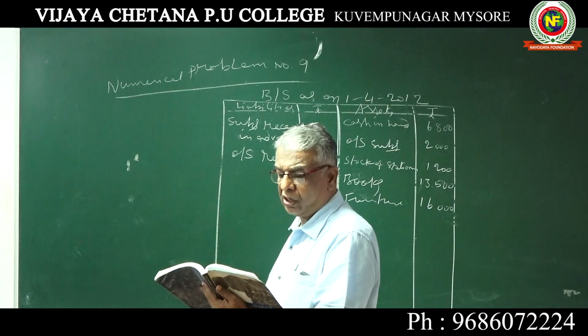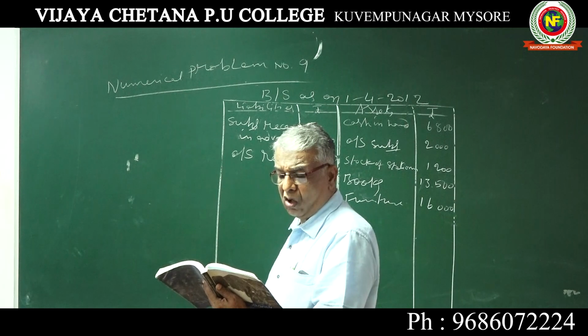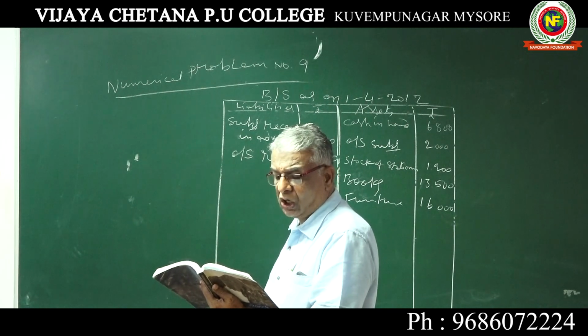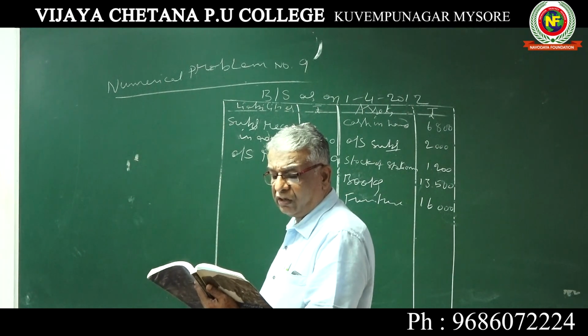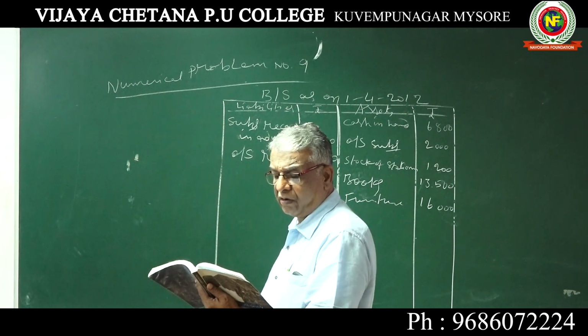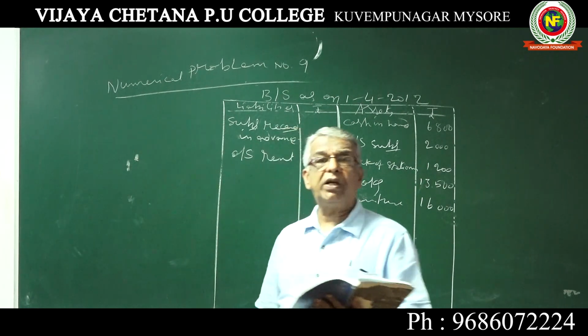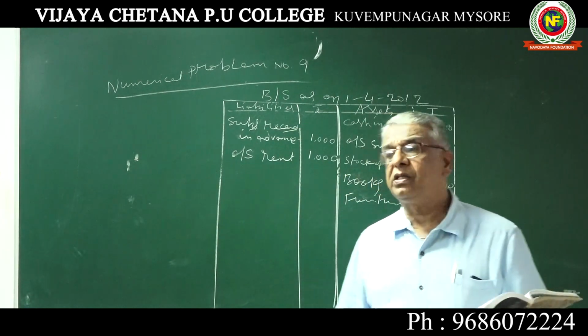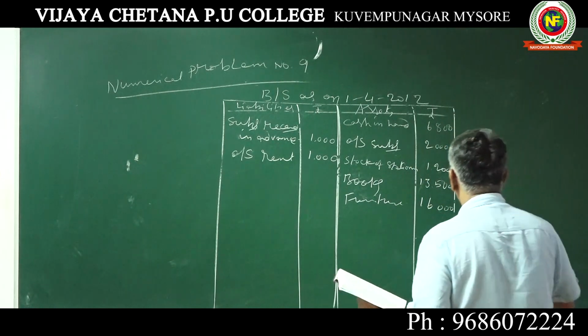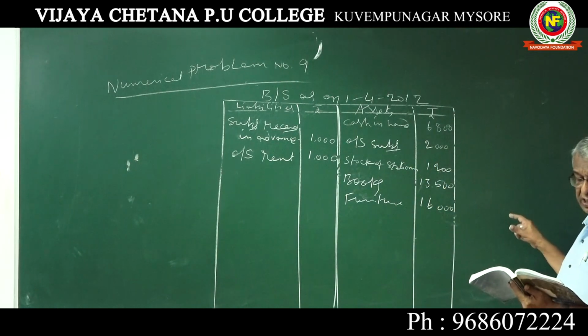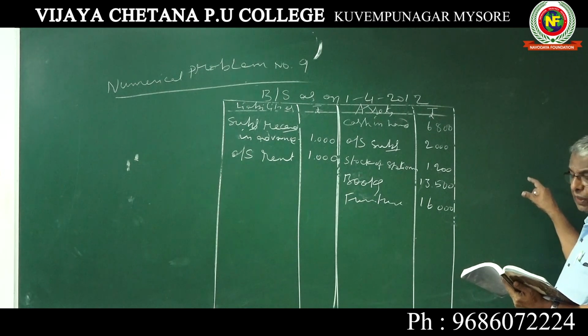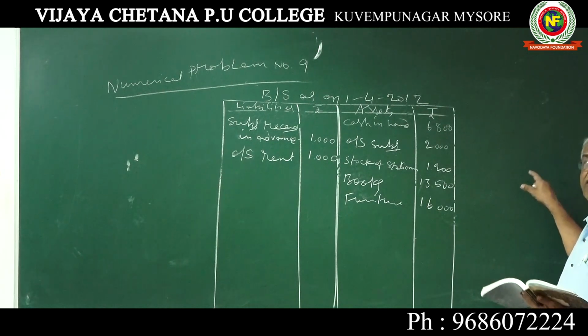And then interest on investment. This is very important, students. Interest on investment at 5% for the full year. What is the amount of investment? Because here he has given only the rate of 5%, and the interest on investment they have received is 5,000.